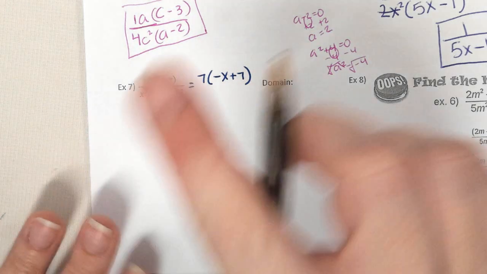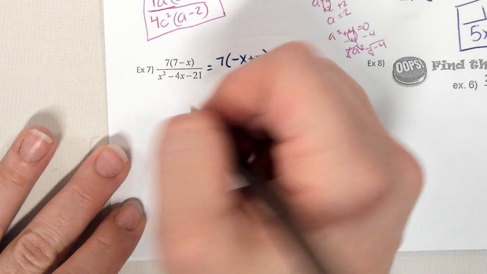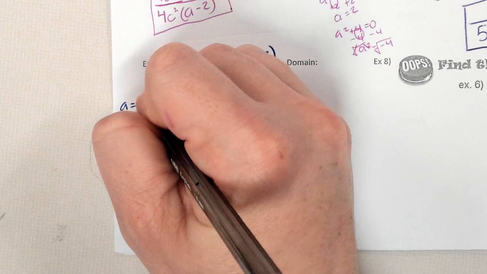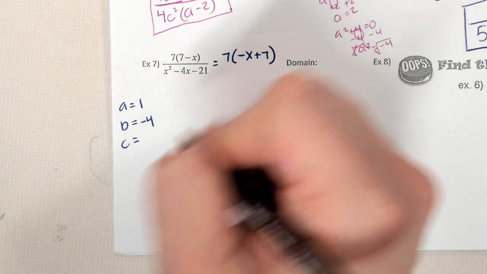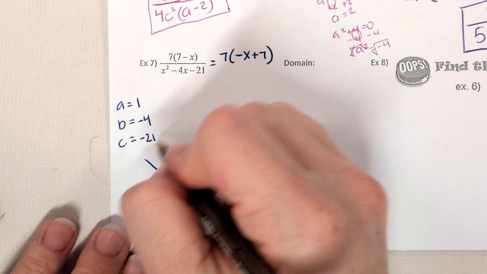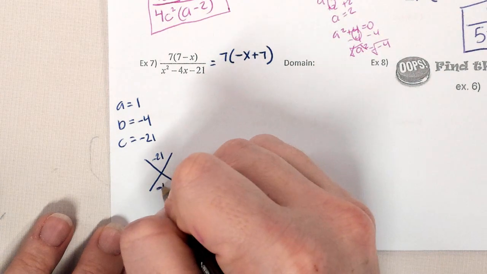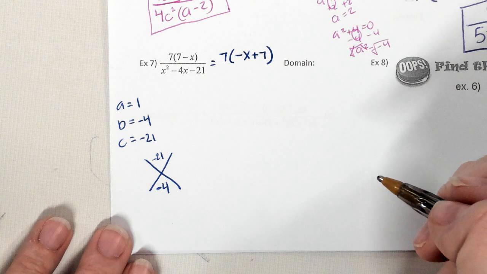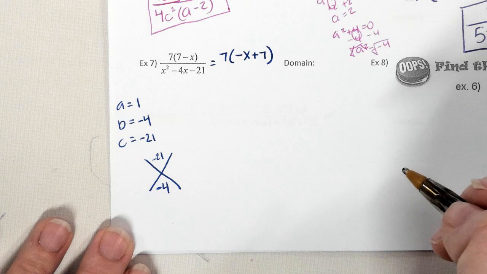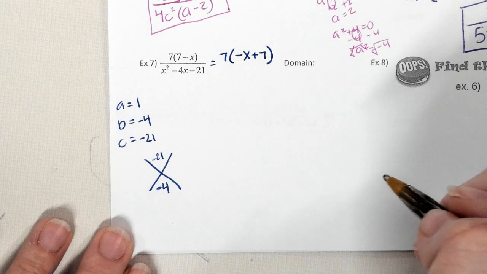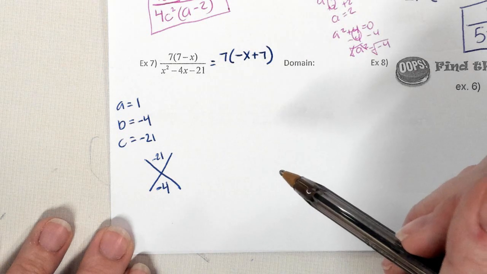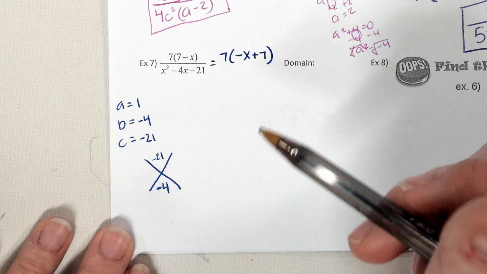Now, I want to show you something before we keep going. If you factor the bottom first, now a is 1, so do we have to do the box? No. So a times c is negative 21, b is negative 4. What multiplies to give you negative 21 and adds to give you negative 4? 7 and 3.